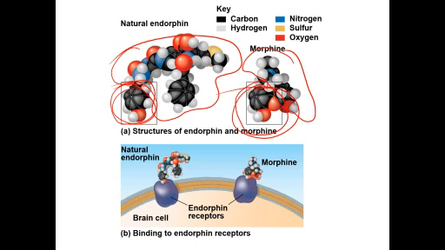Because this is the part of the molecule that binds to the receptor of a protein in a brain cell. So this is basically the key, and the protein and the binding site is the lock.